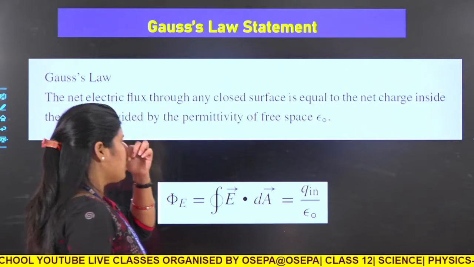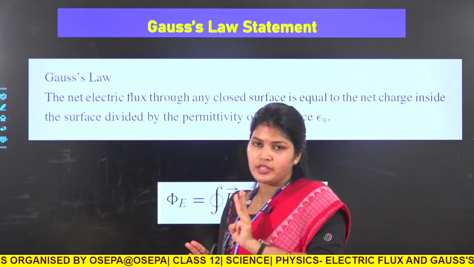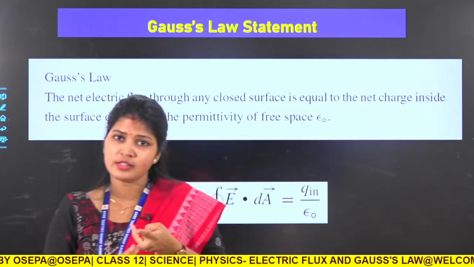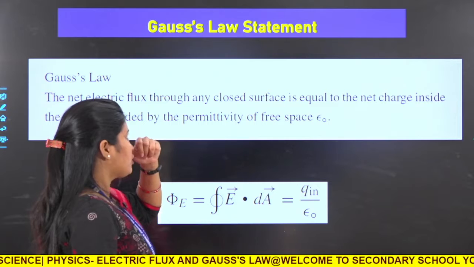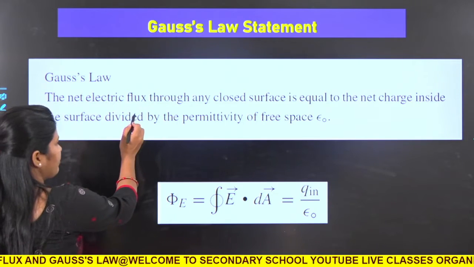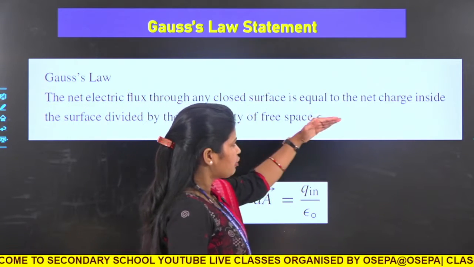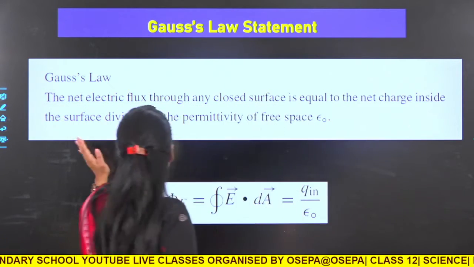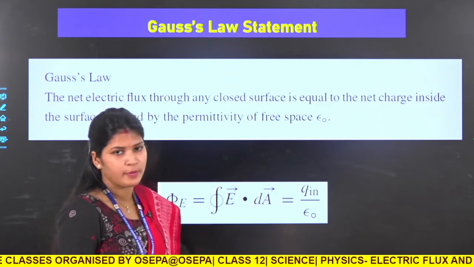Then comes Gauss law. So we know the important points, electric flux and solid angle. Okay, now we will know what Gauss law is. What is the statement? It states that electric flux through any closed surface is equal to the net charge inside the surface divided by the permittivity of free space epsilon naught.